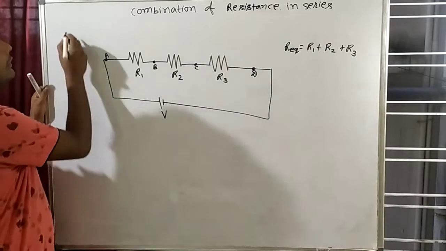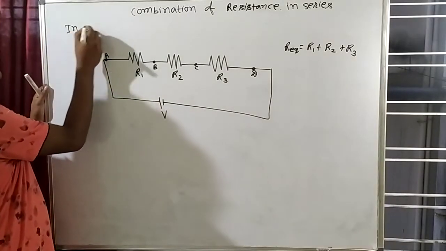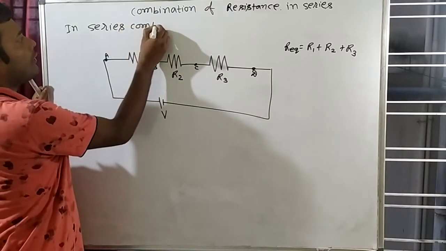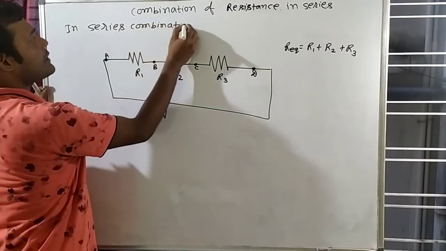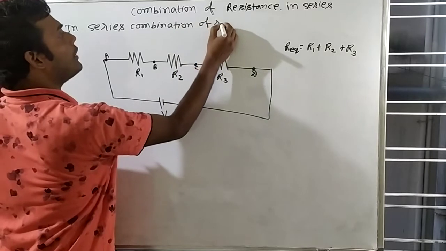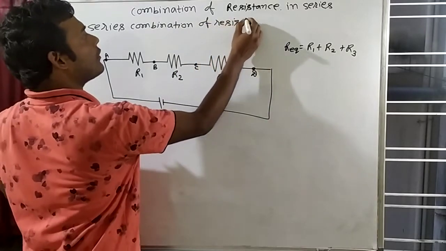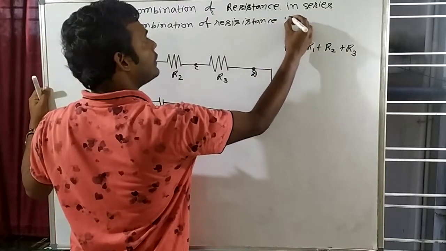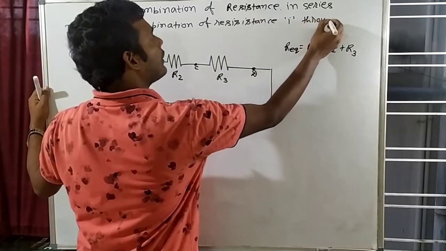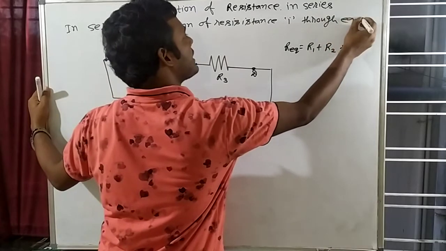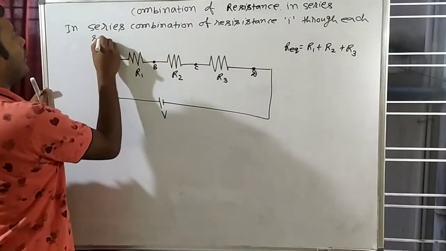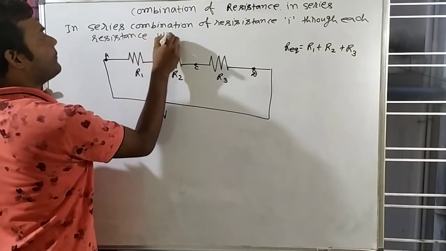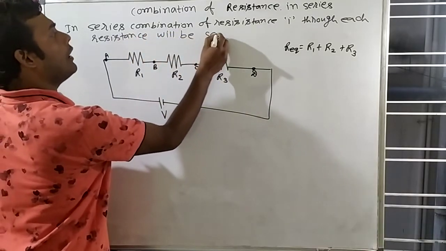Let me write one line here: in series combination of resistance, current through each resistance will be the same.